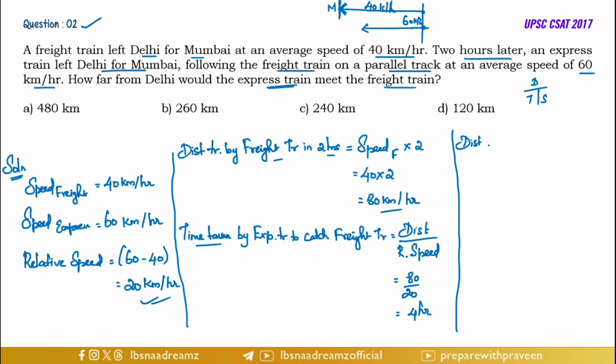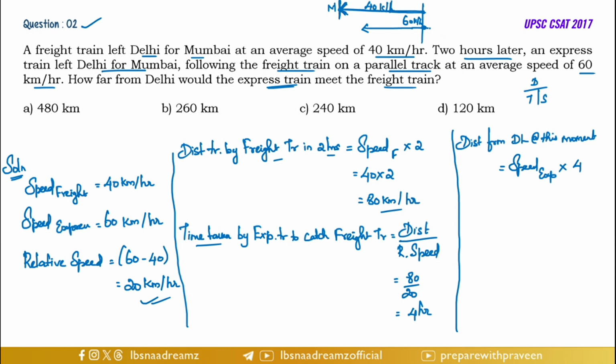So the distance from Delhi is the speed of the express train into 4. Why? Because here there is already a 2 hour delay, so the freight train will be 2 hours ahead.